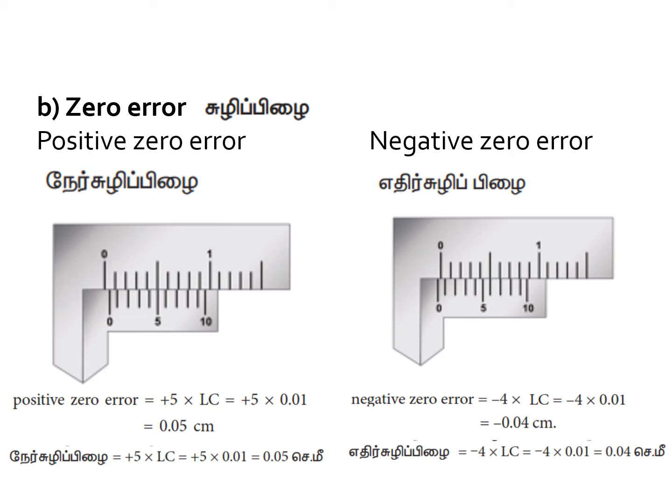Here, the fifth vernier division is coinciding with a main scale division. So, positive zero error is equal to 5 into least count, which is equal to plus 5 into 0.01, which is equal to 0.05 centimeters, and zero correction is negative. Hence, zero correction is minus 0.05 centimeter.